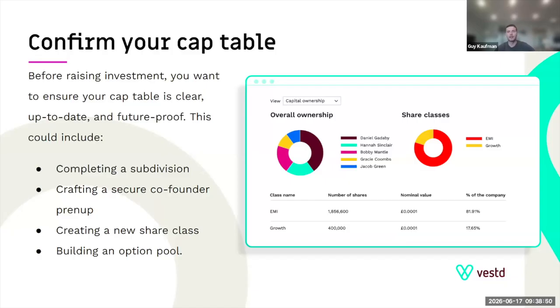Certainly more professional and institutional investors will want to know that there is no dead equity on your cap table. They will want to know that everybody who has a stake in this business is actively contributing towards its success, is actively growing that business.